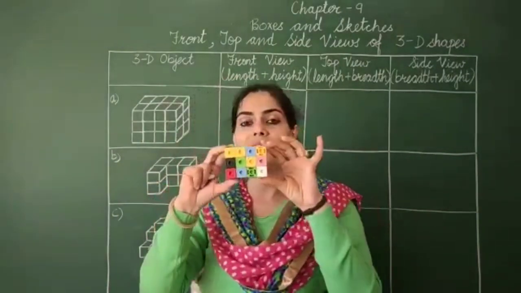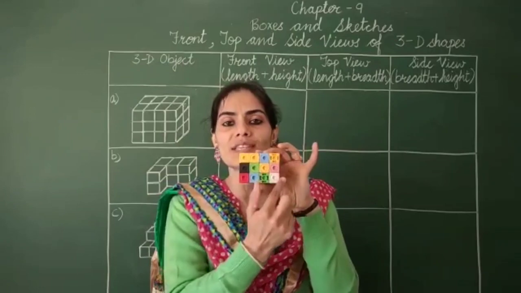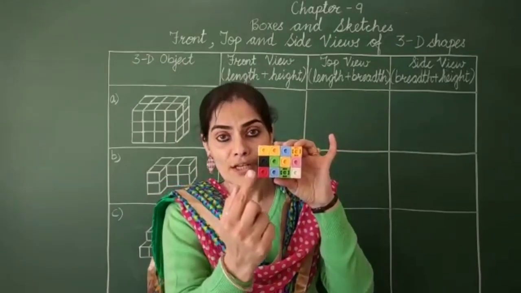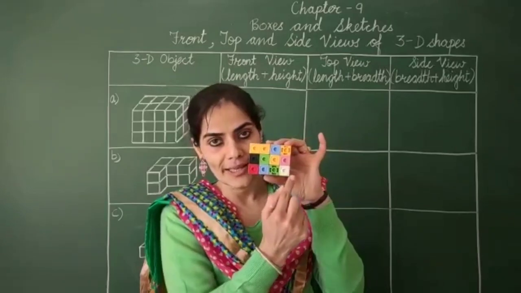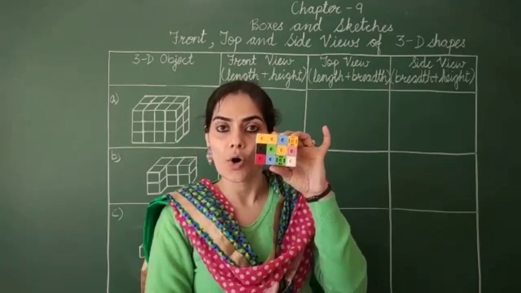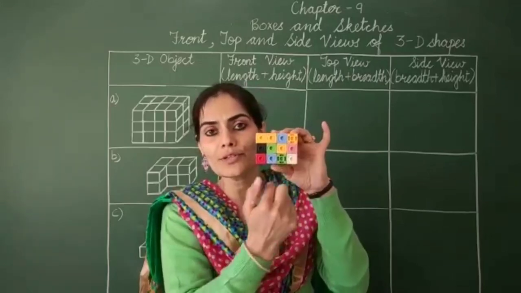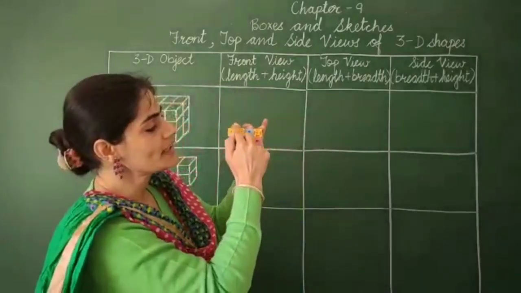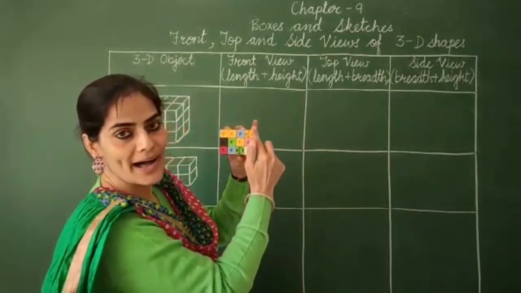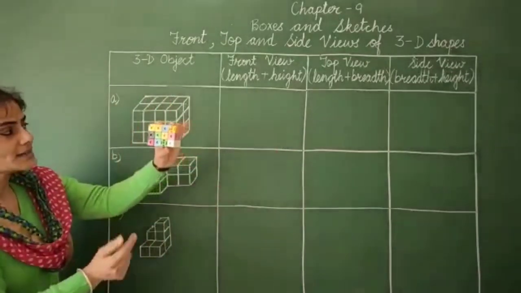Now how is it presented to you? What are you able to see in front? You are able to see this. So in front view, we are able to tell the length and height of the object. And what are you able to see? You are able to see a rectangle of 4 by 3. Am I right?